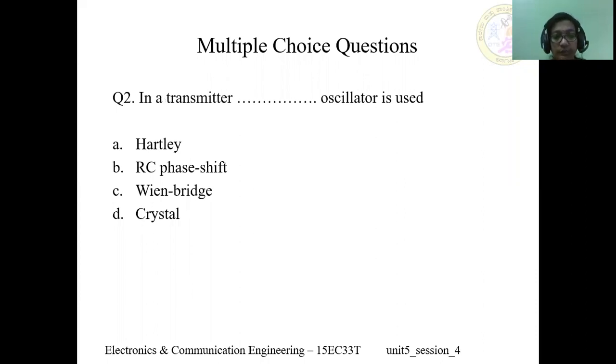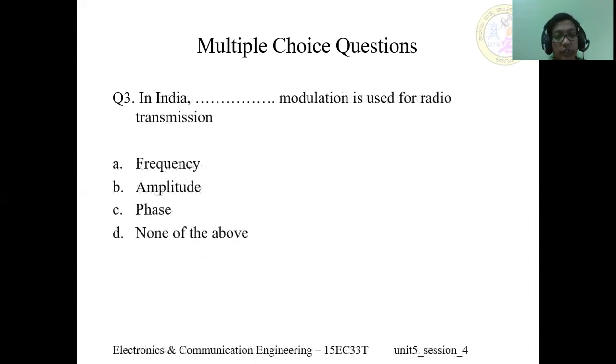In transmitter, dash oscillator is used. Options are A, Hartley oscillator, B, RC phase shift oscillator, C, Wien bridge oscillator, D, crystal oscillator. The answer is D, crystal oscillator. Question 3.